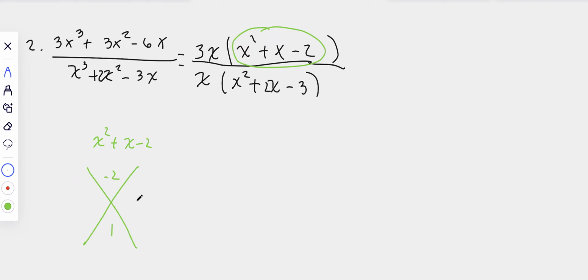What are two values that when I multiply them give me -2, but when I add them give me +1? Well, that will be 2 and -1. 2 times -1 is -2. 2 plus -1 is +1. So my factors will be 3x times x plus 2 times x minus 1.